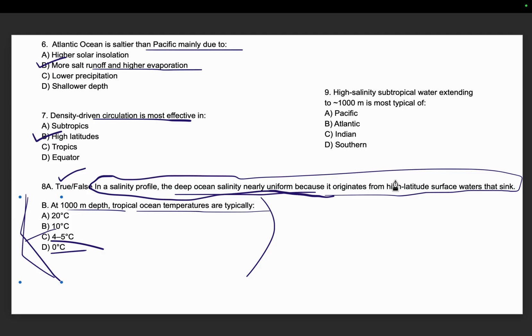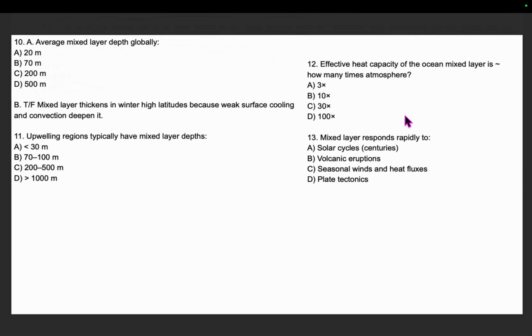Yes, question 9 is Atlantic. Question 10a. The average mixed layer depth globally is how much? 20 meter, 70 meter, 200 meter, or 500 meter. Yes, this is 70 meter.